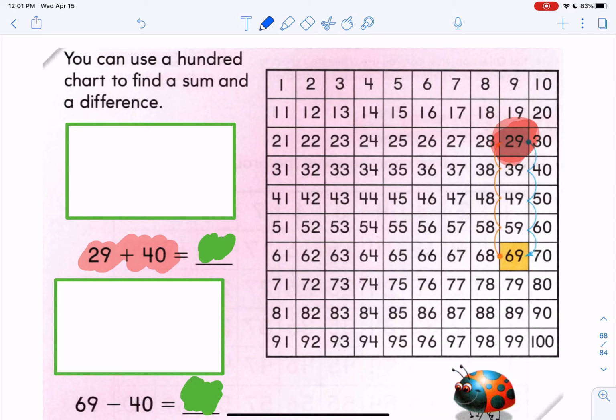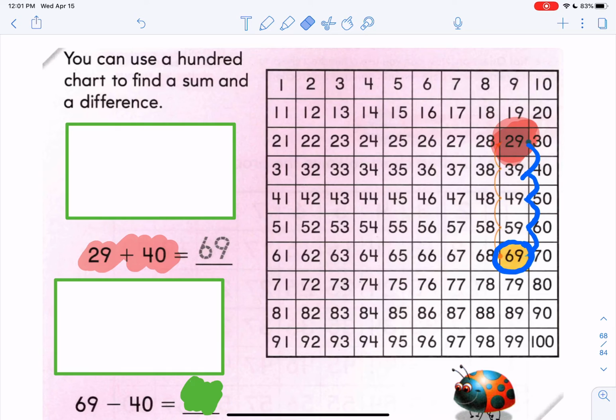So to count by tens, we go down, and you can follow on the chart. We say 10, 20, 30, 40. And so what's our answer? 69. That's the box that we land on.